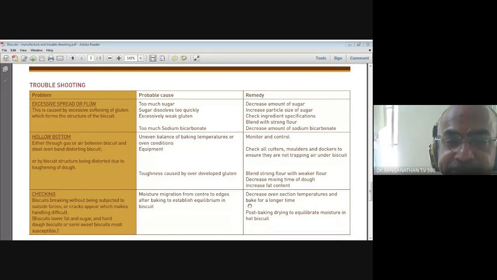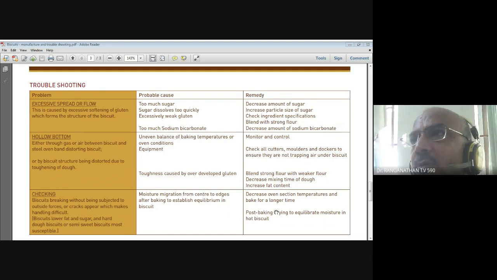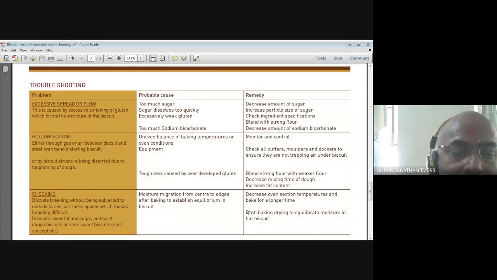What do you mean by post baking drying? After baking, if I take the literal meaning of cooling and suddenly take the biscuit out and cool it to room temperature, what is going to happen? Inside you have a temperature of 150 or 200, and immediately I put it at 20 or 25 degrees centigrade.